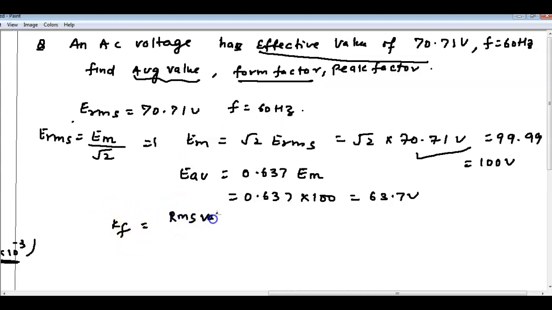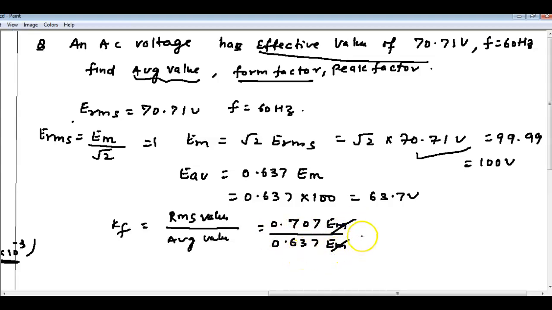RMS value by average value. The RMS value we already know is 0.707 Em, and the average is 0.637 Em. So Em gets cancelled here. If you simplify, you get 1.11. This will always be the same constant.